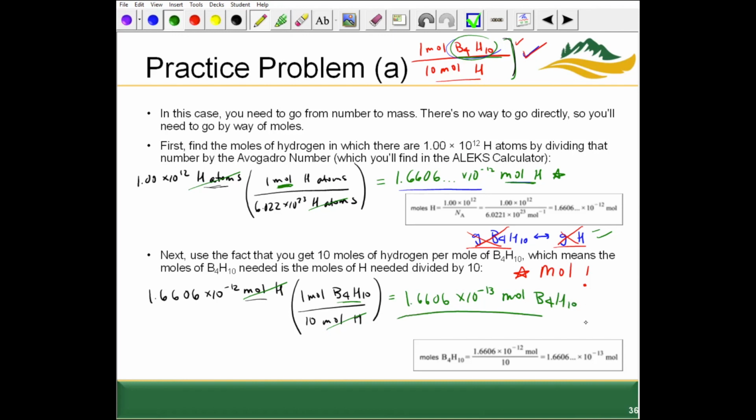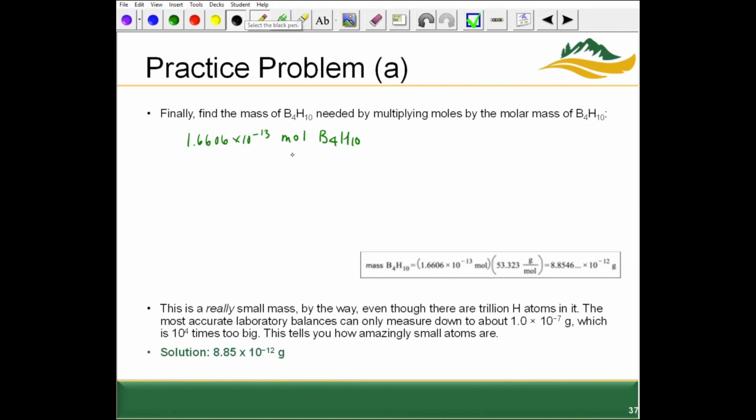So we have moles of the whole compound, but we're not quite done. We're asked for grams of the whole compound. So to go from moles of B4H10 into grams of B4H10, what is that magical conversion factor we need? It's the molecular mass. How do we find the molecular mass of B4H10? Let's do it. Let's calculate that.